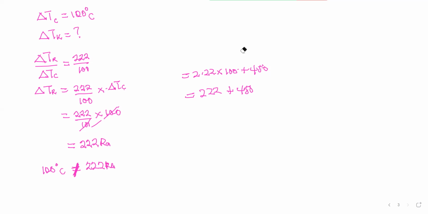So it isn't a fixed formula because you can always derive it. It basically depends on the lower fixed point and the upper fixed point of another temperature scale. So when they give you that, you can always derive it. Are you okay? Okay, sir.